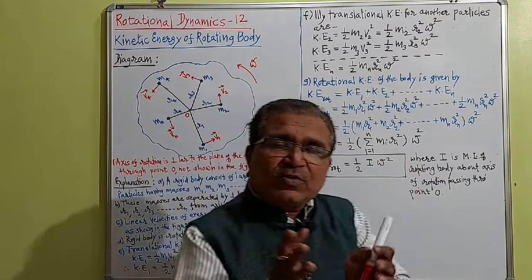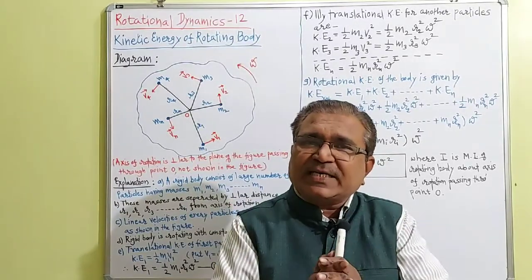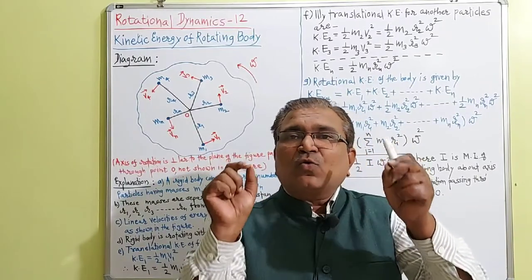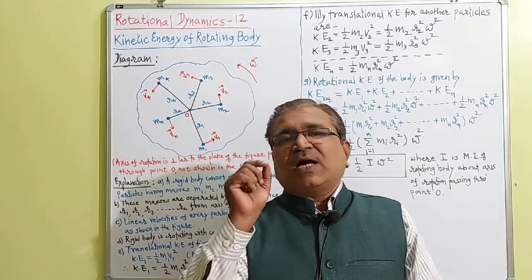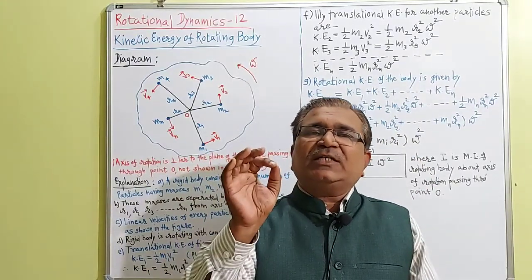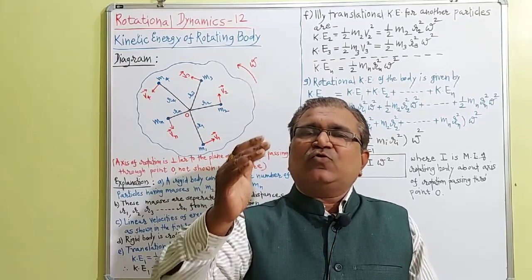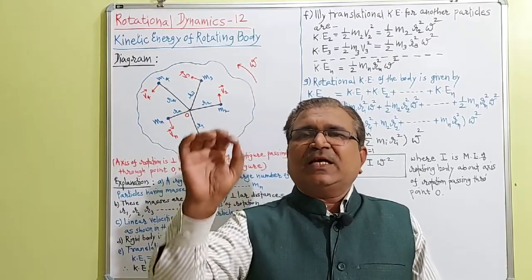By making use of these translational kinetic energies of individual particles, now we want to calculate the rotational kinetic energy of the rigid body. So the rotational kinetic energy is equal to KE1 plus KE2 plus KE3 plus ... plus KEn.